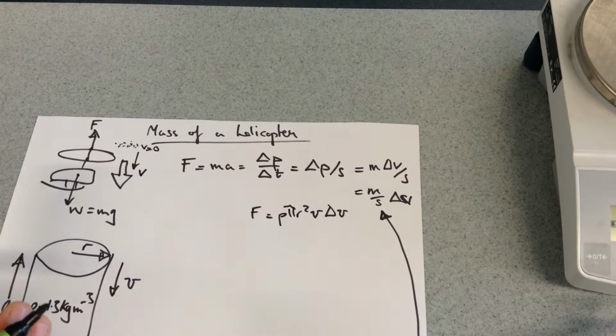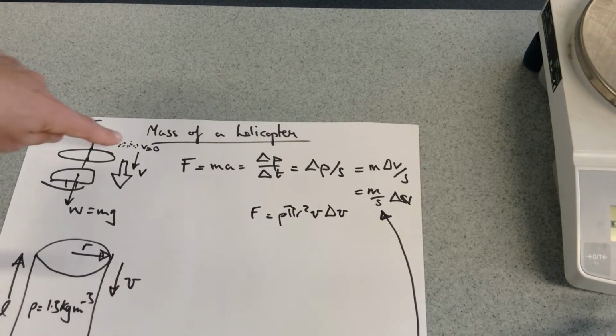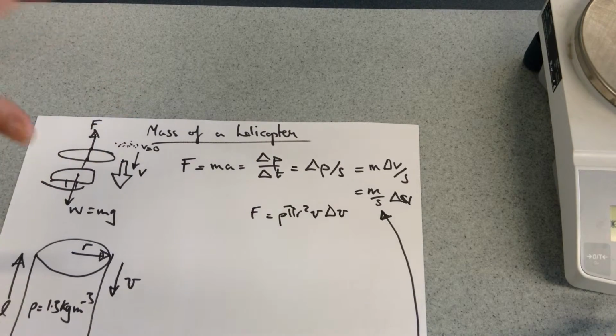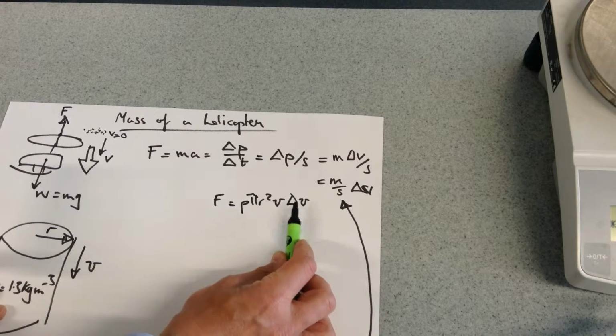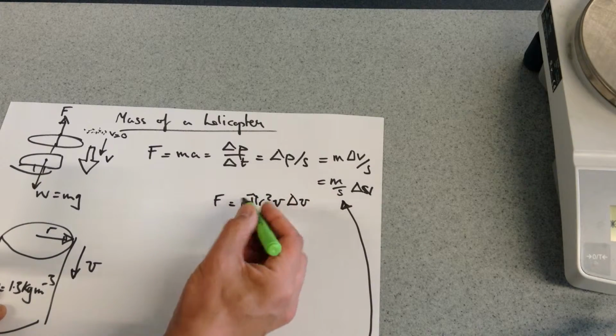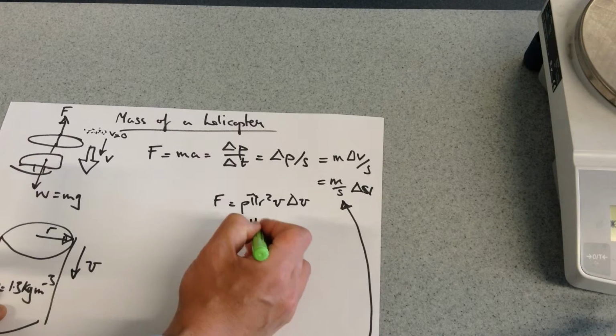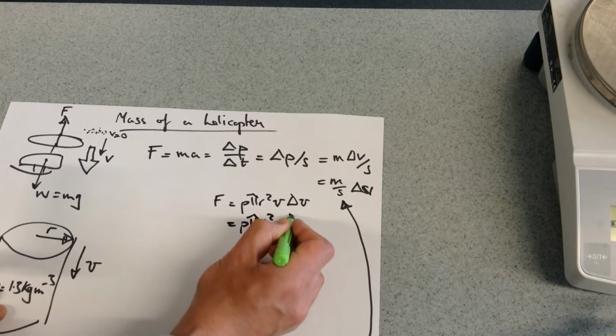We could have a long debate about that. We could say, surely it's an average speed, but let's keep it quite simplistic with a very complicated system, and assume that the change in velocity is v, therefore making this equal to rho pi r squared v squared.